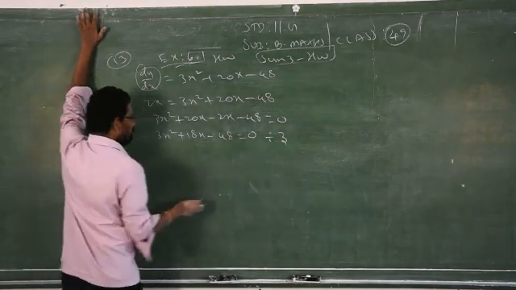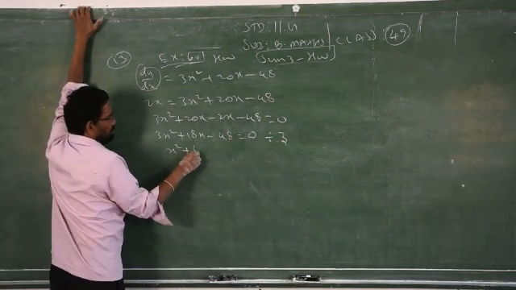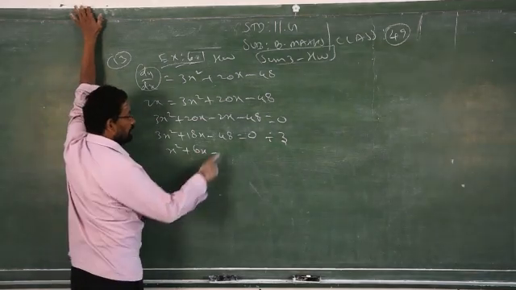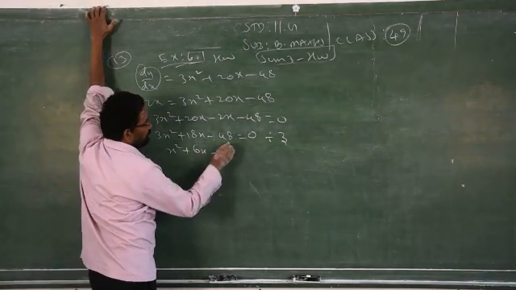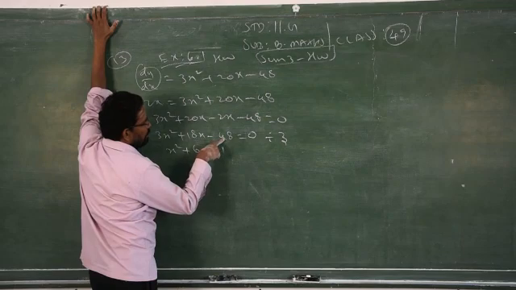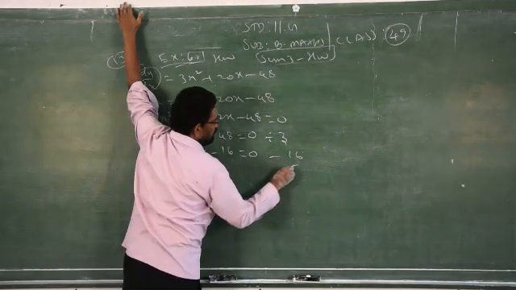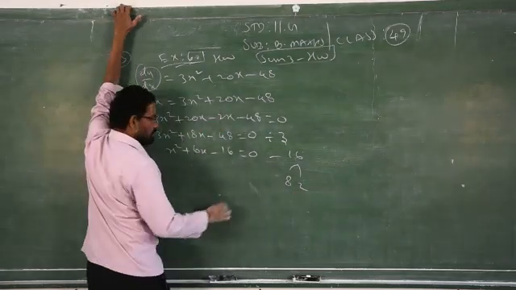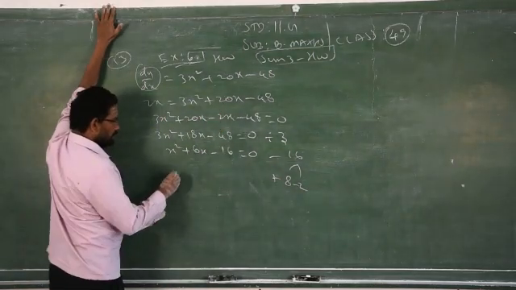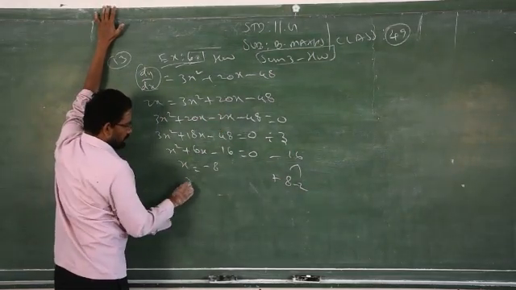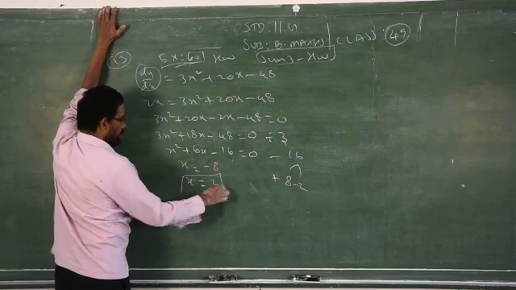This is divisible by which table? 3 table. So x square plus 6x minus 16. 3 1s are 3, then 6. Clear? So minus 16 can be separated as 8 2s are 16, plus and minus. So x is equal to minus 8, x is equal to plus 2. So the answer is plus 2.